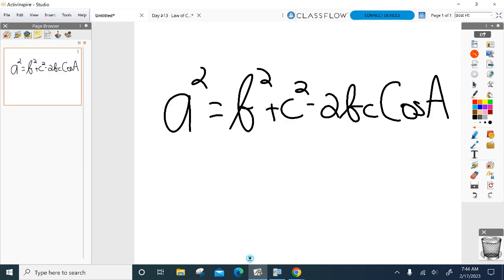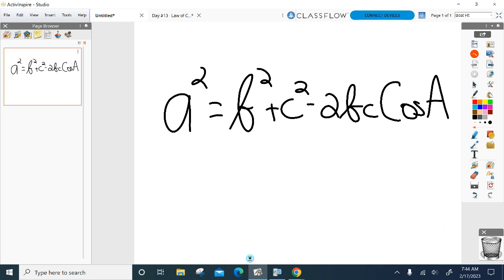Now, I gotta stress this. That is not side A. It's not side A. Because what if I have triangle XYZ? I don't have side A. So I need you guys to understand what side goes in. It's not side ABC. What triangle are we working on now? RST. Yeah, it's got no ABC.